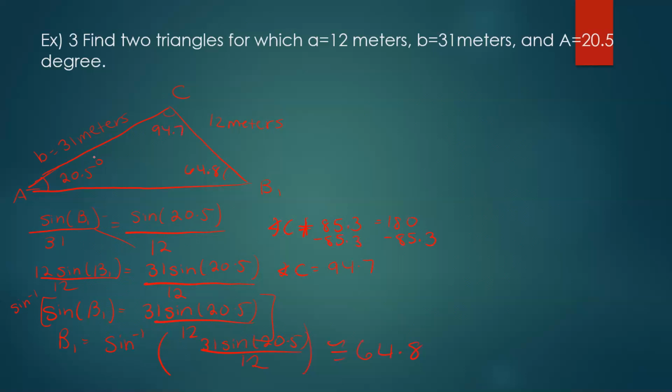And what else can we find? Let me circle B1 because in our new triangle, we're going to have a B2. So let's now find our missing c.